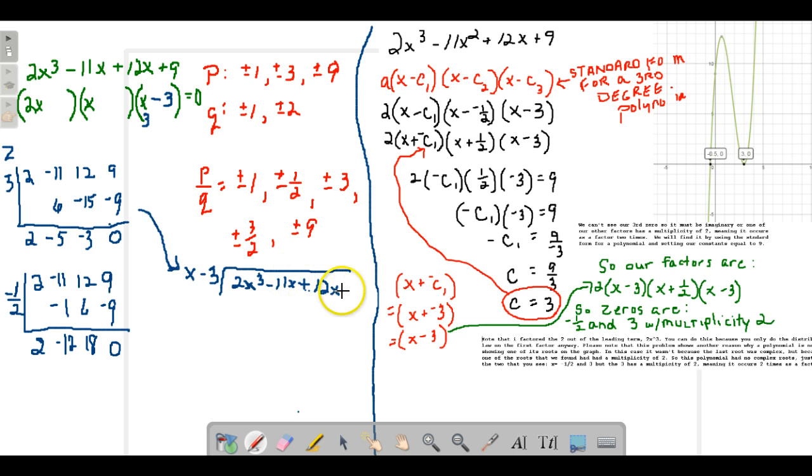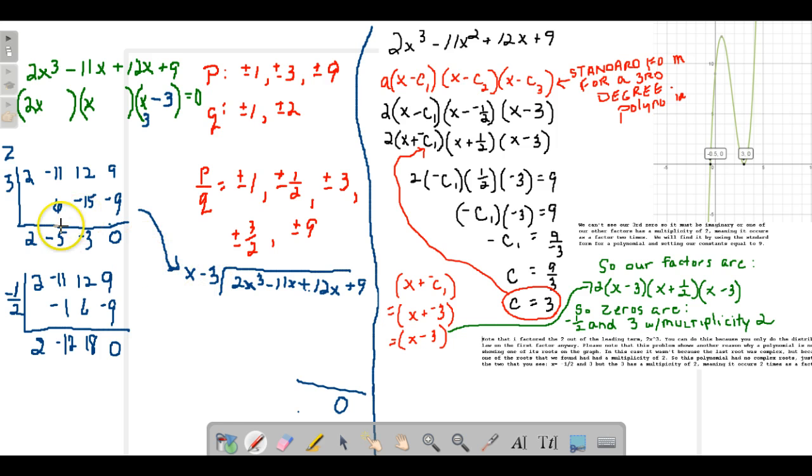I put minus 12x plus 9. So when you do long division, you're actually dividing the actual factor into here. And if you get a 0 down here as your answer, then this is your factor, and it goes up there. That's why it's a little more straightforward when you're just looking for factors, but it takes longer.